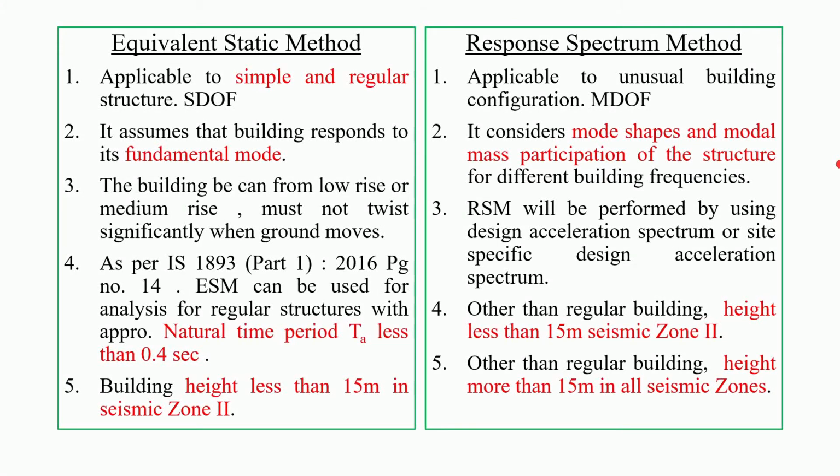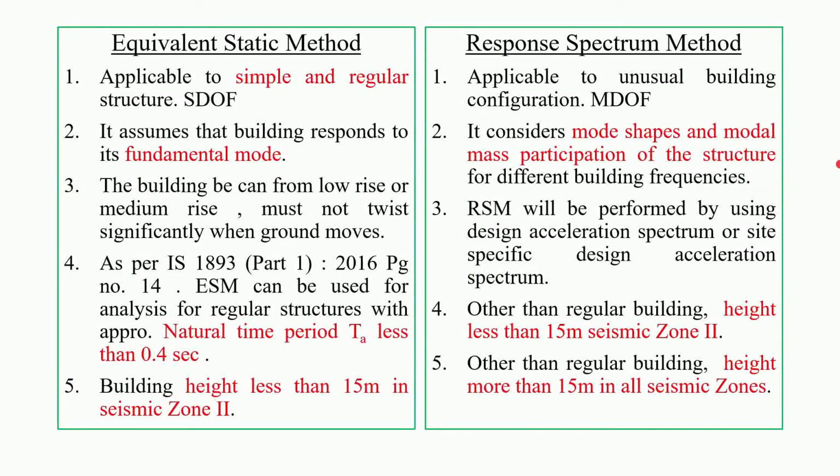We have the response spectrum curves available in IS 1893 2016, two curves, and other than the regular buildings, buildings of height less than 15 meters in seismic zone 2 are considered in response spectrum.